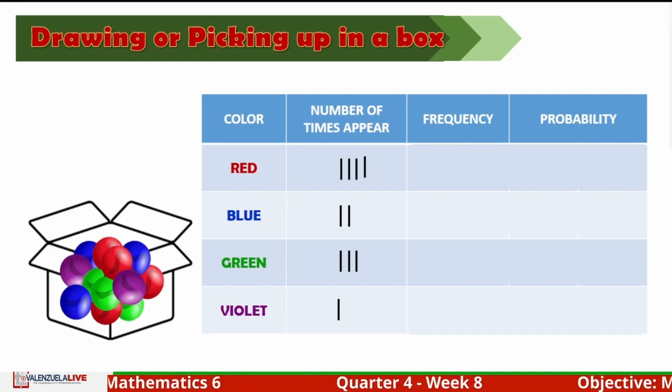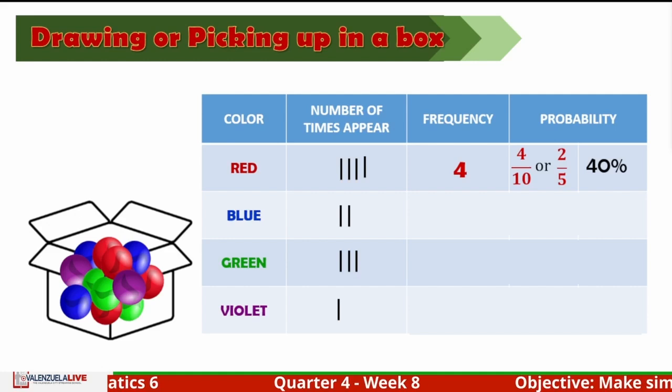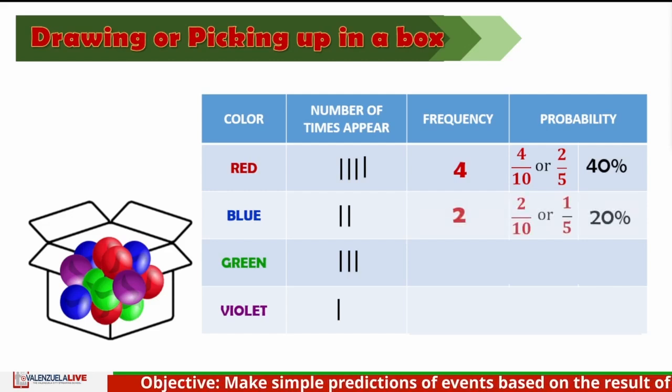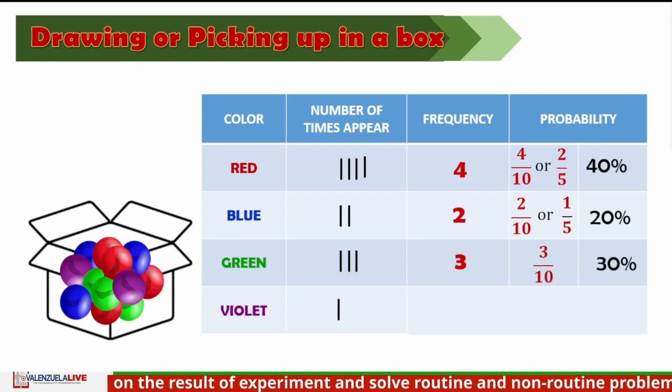Based on our simple experiment, the table shows that red marbles appeared 4 times. So, the experimental probability will be 4/10 or 2/5 or 40%. The blue marbles appeared 2 times, 2 out of 10. The experimental probability is 2/10, 1/5 or 20%.